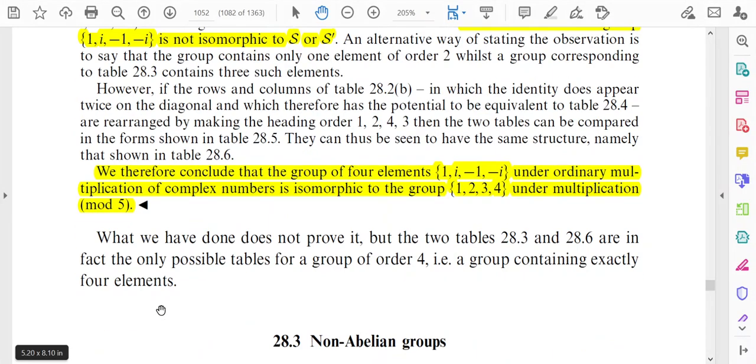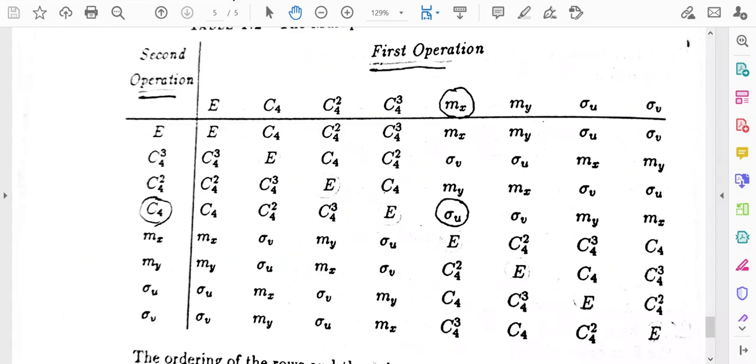So, in this way we have discussed different group multiplication tables, and for the C4v group we can also form a multiplication table. In the C4v group there are elements E, C4, C4², C4³, Mx, My, sigma u and sigma v.